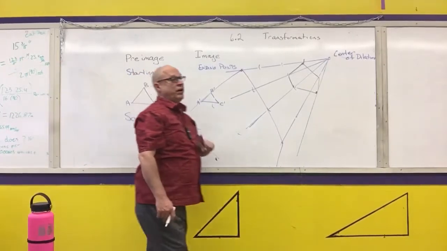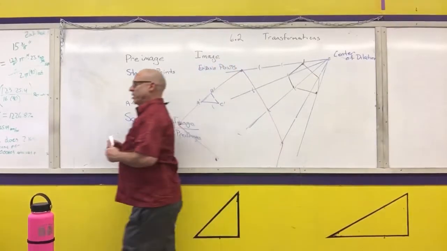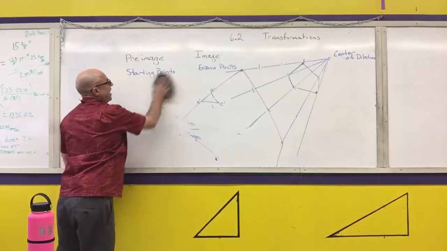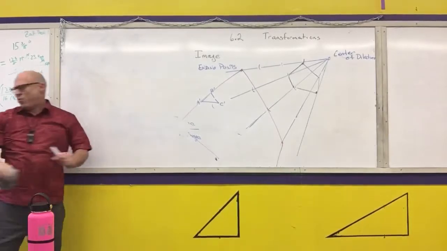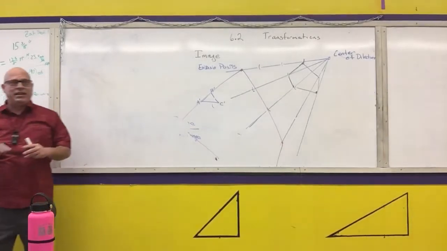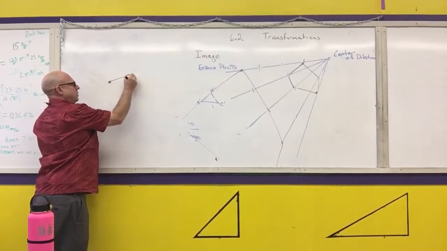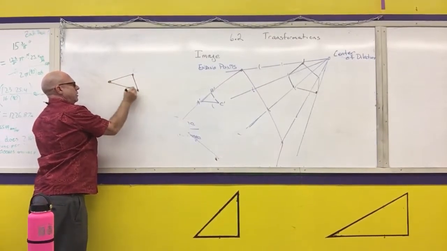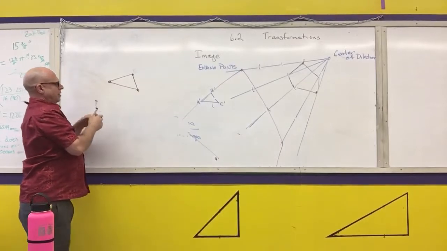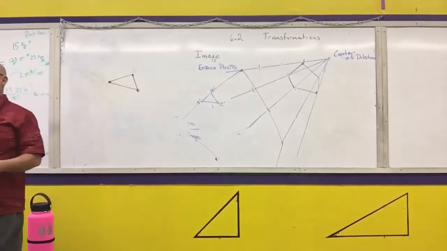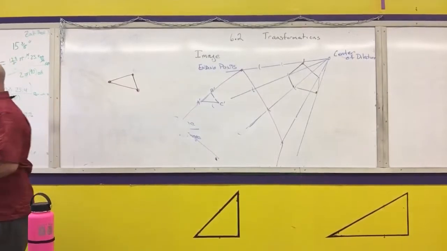Now, here's where a lot of the similar figures are going to come from in today's work: they actually make one of the points of your polygon the center of dilation. I am going to say that this point right here is my center of dilation, and I want it to be 3 times as long.